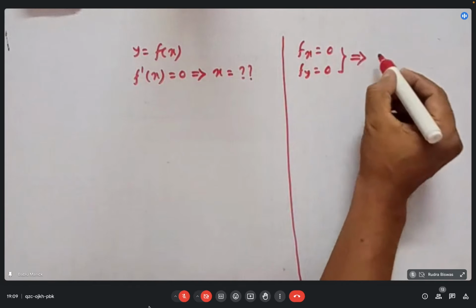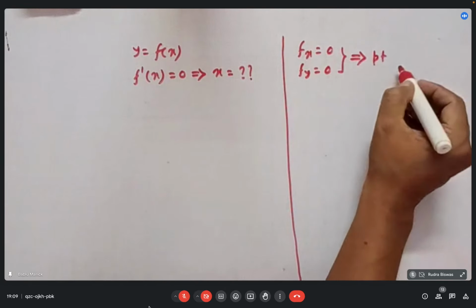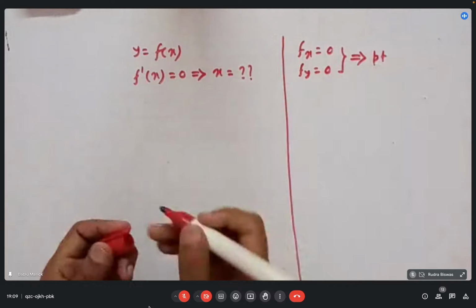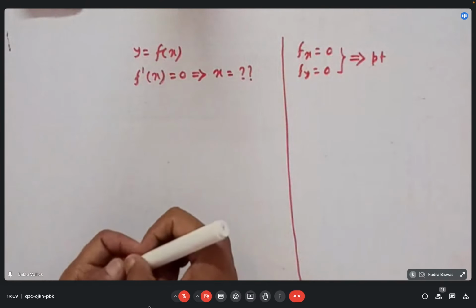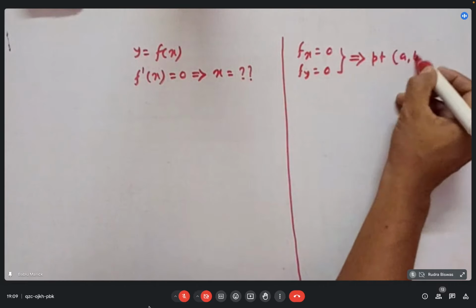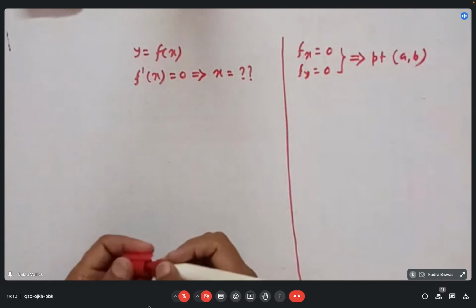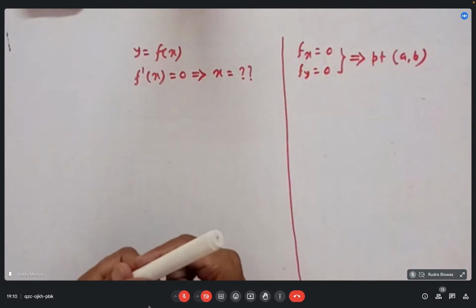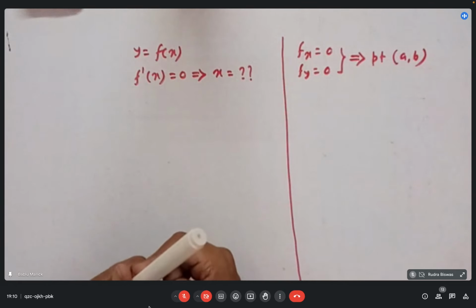This will give you some point, suppose point (a, b). At (a, b) there may exist maximum, minimum or no extreme value.